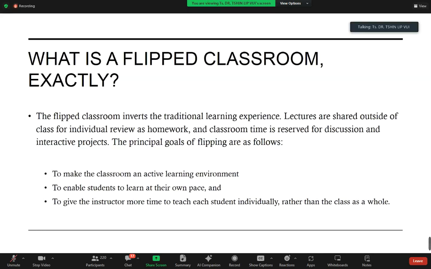And we have a lot of time in the class, which the lecturer or the instructor can use to focus on the student who is weak or has a very poor understanding of the topic, and the instructor can focus on particular students and particular topics to explain more details about it.